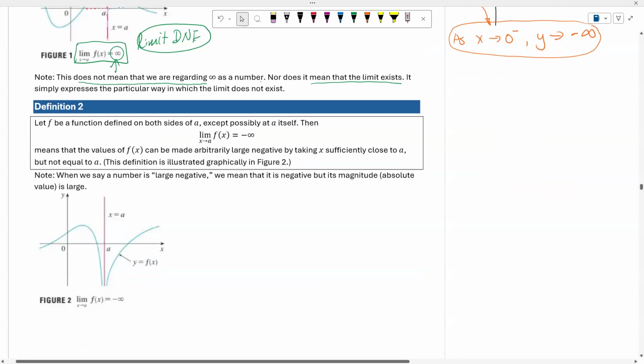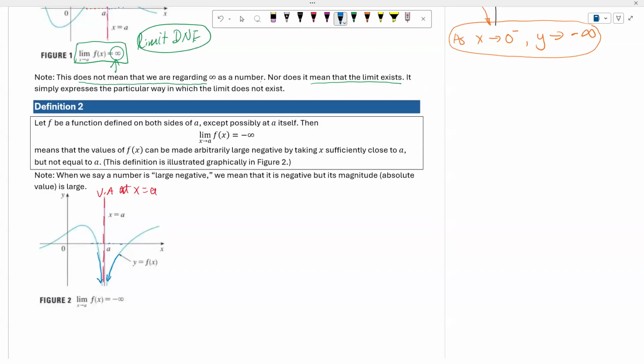Then now, what if in this situation, again, we have a vertical asymptote at x equal to a. Then you will see that as x approaches a from the left and from the right, the output is getting bigger on the negative side.